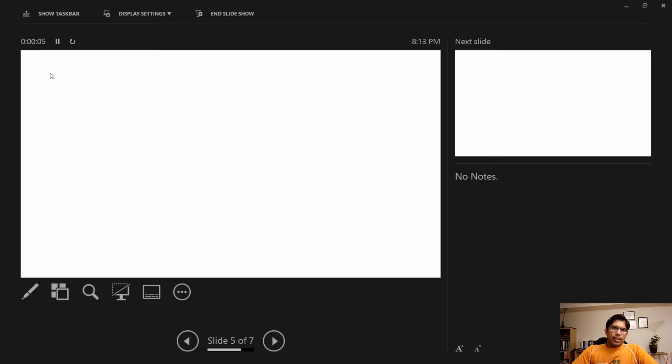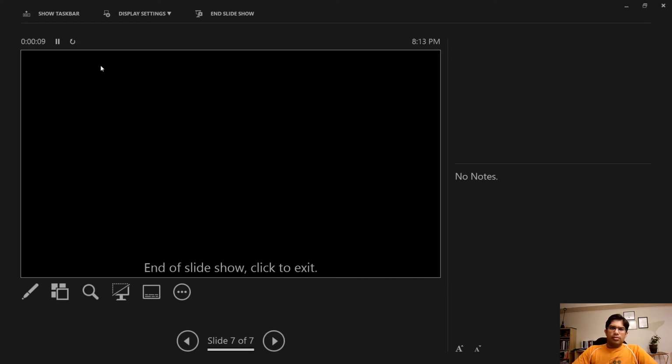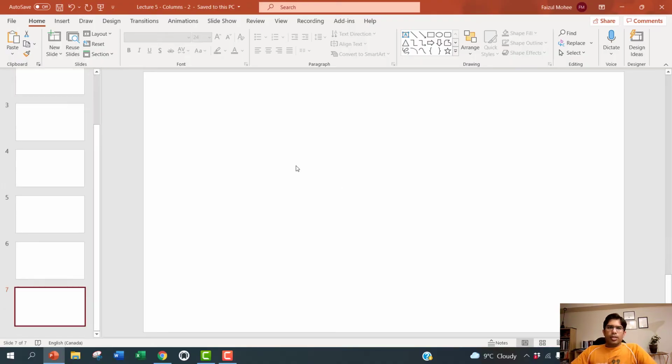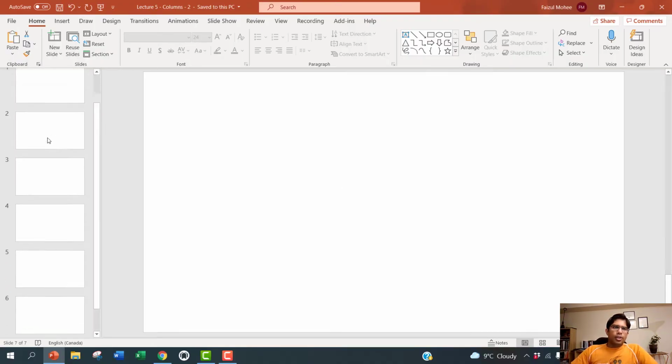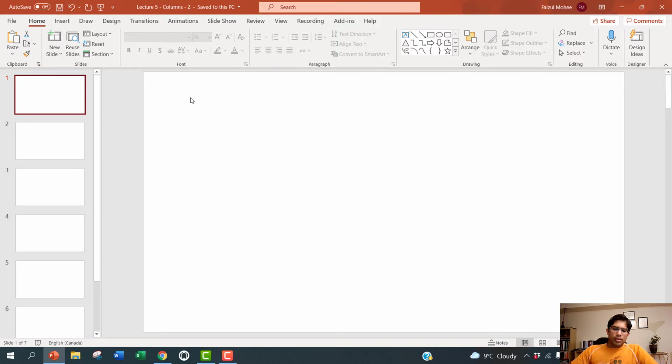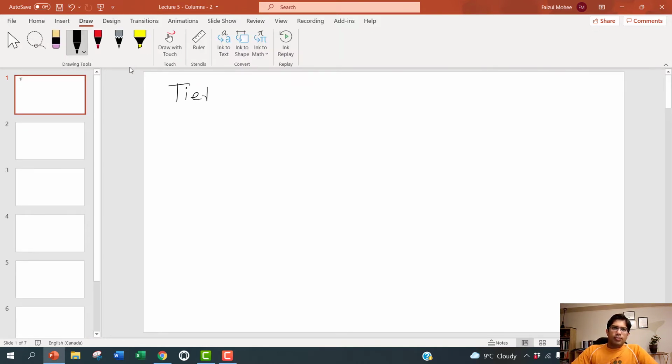Yeah. So as I discussed earlier, there are two types of columns. One is tied column, and the other one is spiral column.